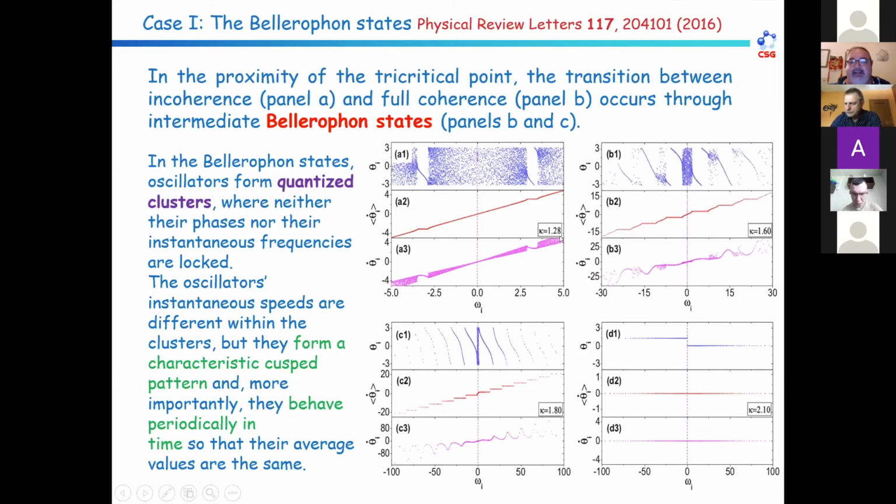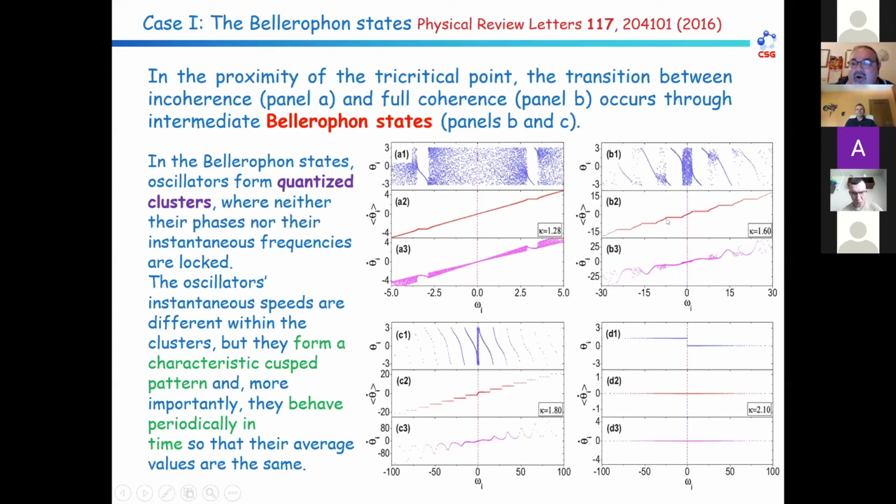In the middle, you have the formation of a state which is quantized in terms of the long time average of the instantaneous frequencies. So you see, these plateaus are all multiples of a fundamental frequency.